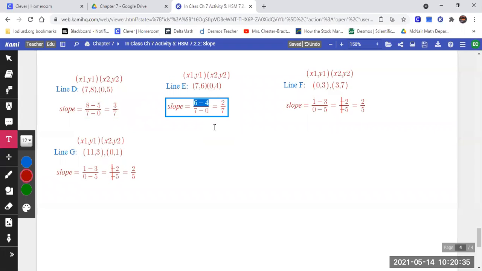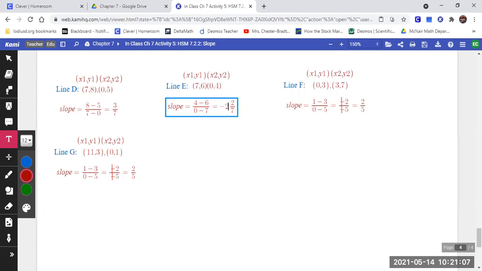Did this one change at all? Are the numbers any different? Are my y's still 6 and 4? Are my x's still 7 and 0? Yes. Oh, that one's done. Just to be smart, let's go do this. 4 subtracting 6, 0 subtracting 7, to show that it doesn't change anything.